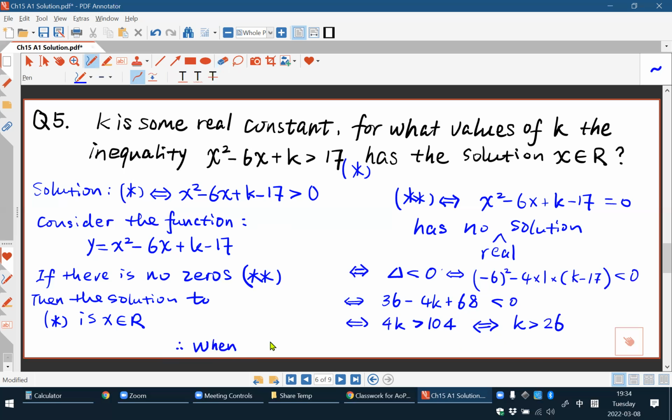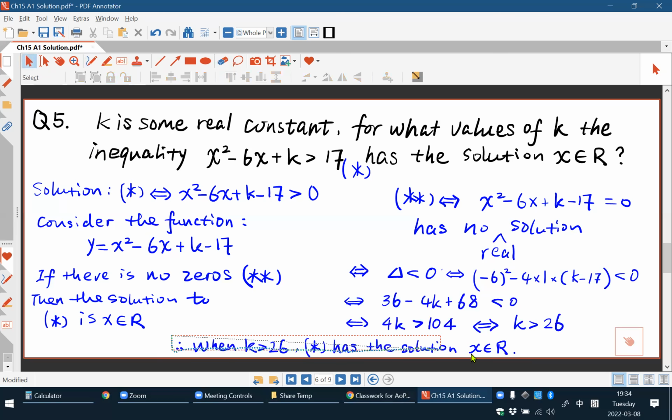When k is greater than 26, the inequality has the solution: x can be any real number. Okay, please have a look at this question and let me know if you have anything to ask, okay?